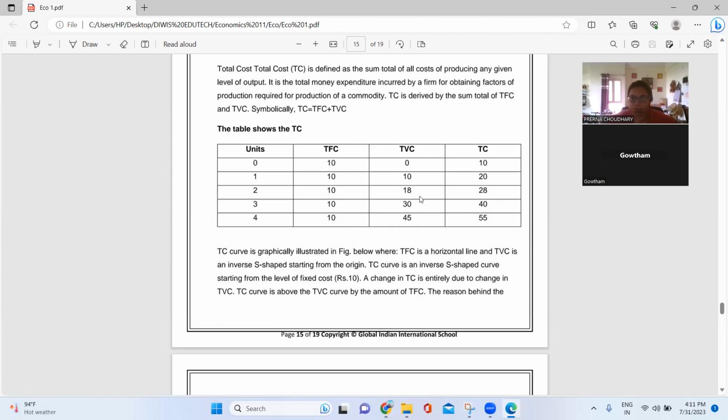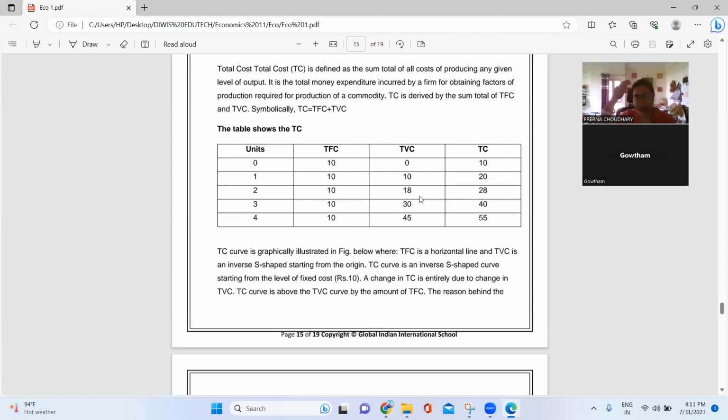Now, if you can see the schedule, the table shows the TC for 0 units, 1, 2, 3, 4. TFC is obviously there even if you are not producing anything, so it's 10, and fixed cost is fixed, so irrespective of the units you produce, TFC will be there.